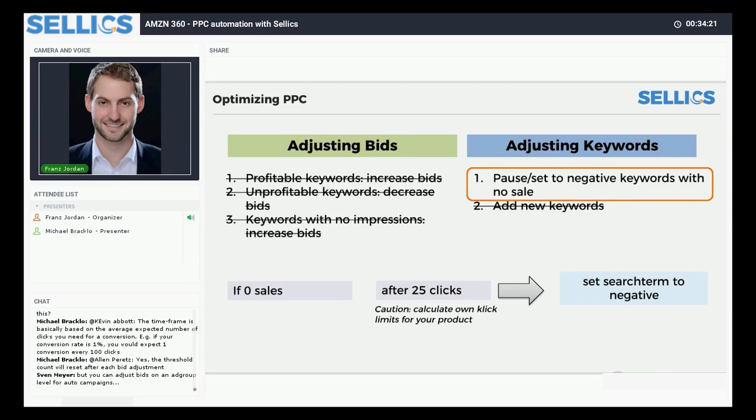And by the way, I also think that this is one of the most important rules, because I feel that the seller community is discussing very heavily how you adjust your bids and how you can find new keywords, but very few people talk about when to set their keywords to negative. If I look at many accounts, this is really what's taking the money away.